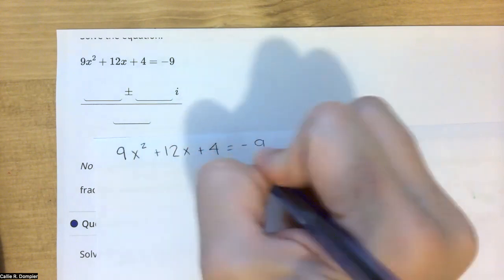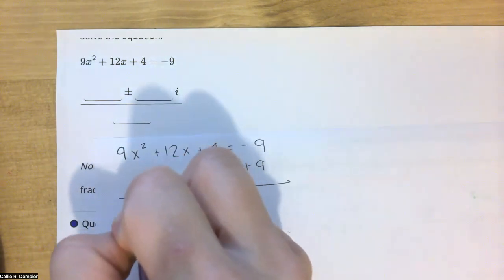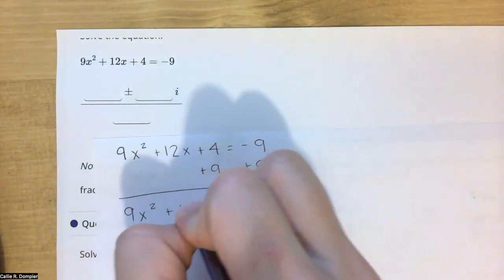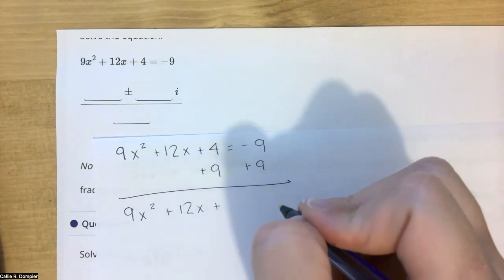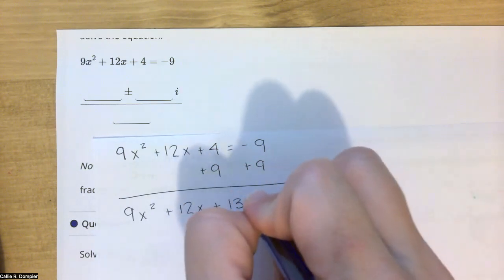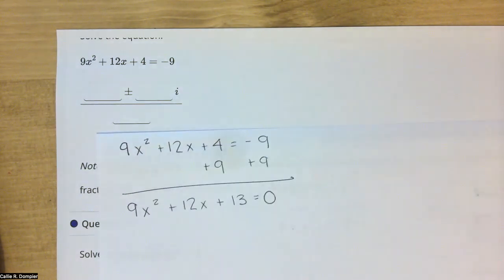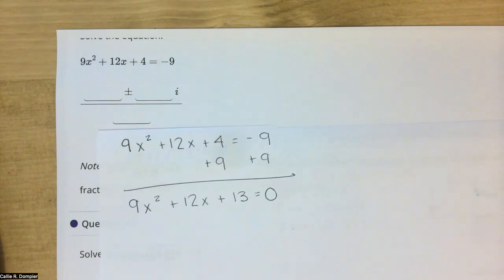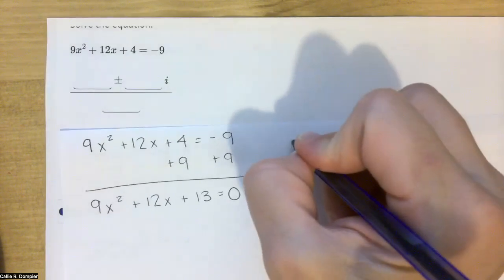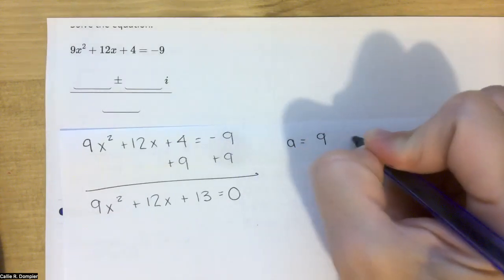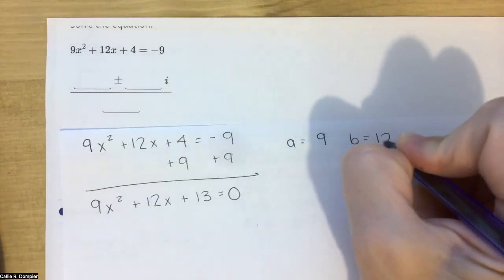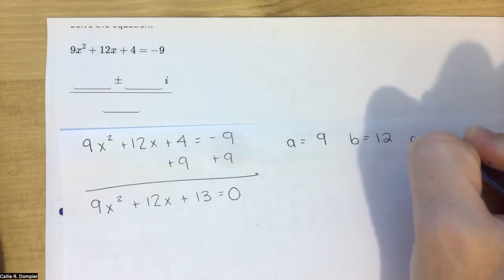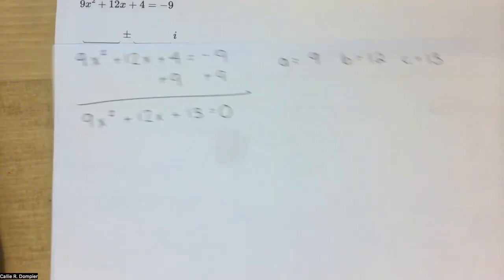Add 9 to both sides so that it is set equal to 0. 9x squared plus 12x plus 13, darn it. Just hoping we would be able to divide something out. So that means A is 9, B is 12, C is 13.